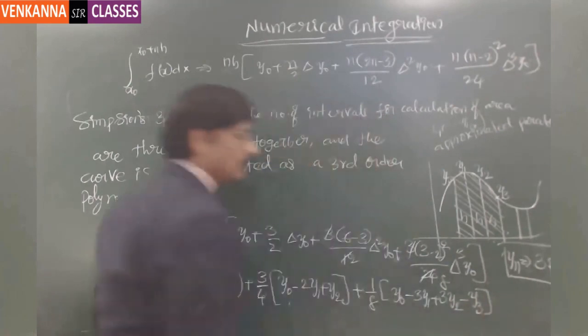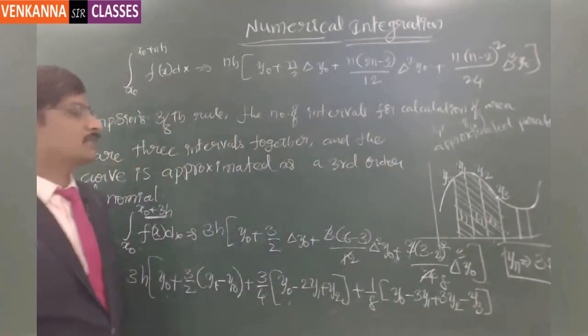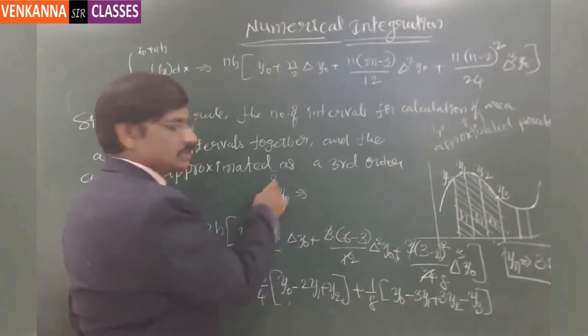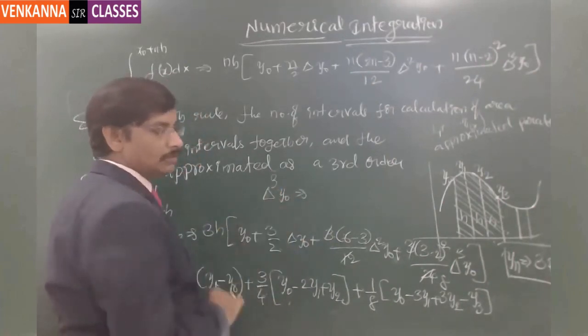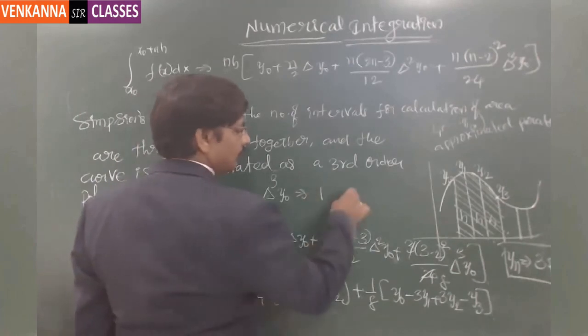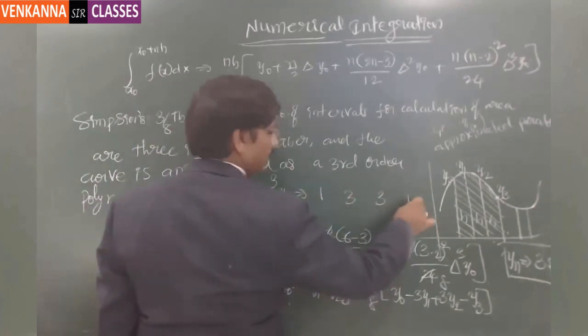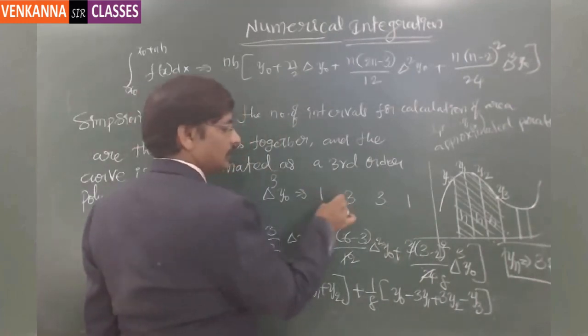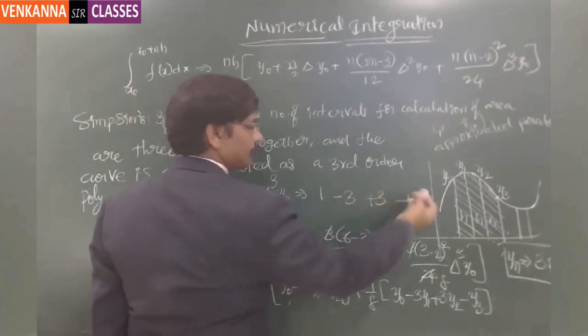So this is delta cube y0. As I explained earlier, for delta cube y0 you need to write the binomial coefficients first. That is 1, 3, 3 and 1. These are the binomial coefficients, and then alternately you have to put signs like this.